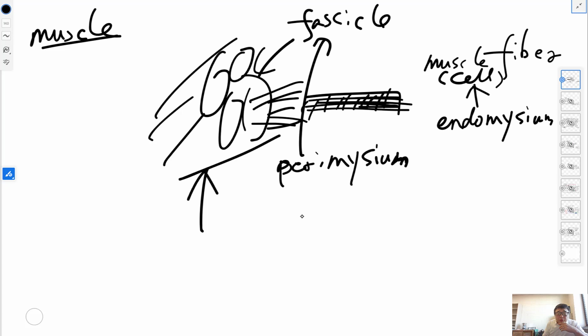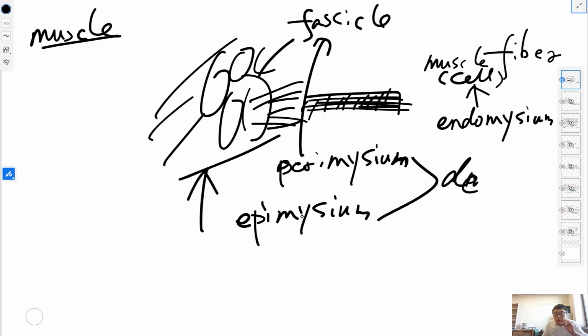This one piece of muscle is covered by epimysium. Epimysium and perimysium are different from endomysium. The endomysium's major function is to nourish the muscle fiber, and it is mainly made of loose connective tissue, but both of the others are made of dense connective tissue, dense regular or dense irregular.